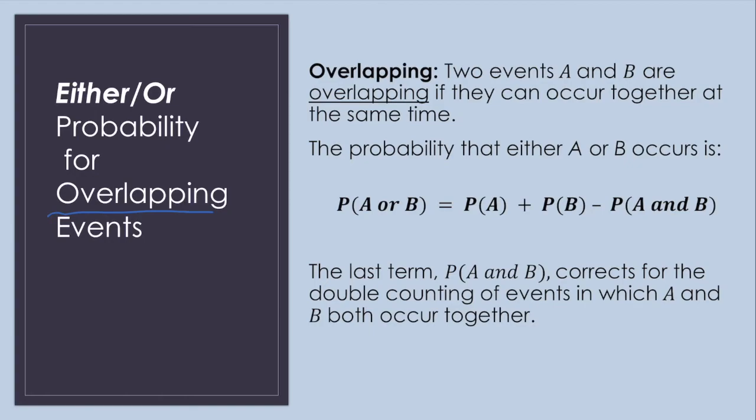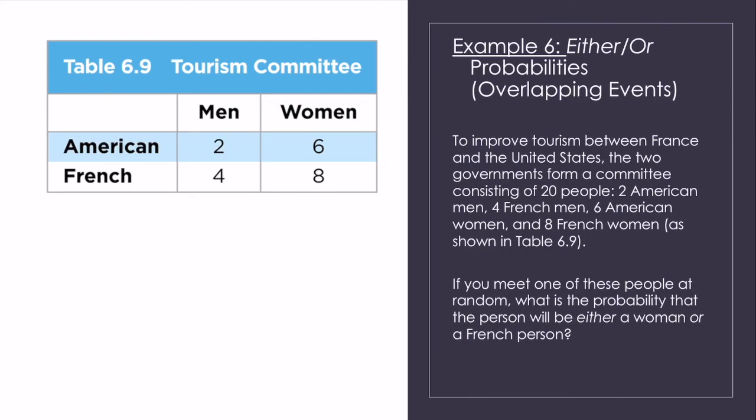So the probability that either A or B occurs for overlapping events would be the probability of A plus the probability of B plus the probability that they overlap, because we're double counting people. And you're going to see that really clearly in this next example, so have a little bit of patience. But that last term, P of A and B, corrects for the double counting of events in which A and B occur together. So let's go through example 6.